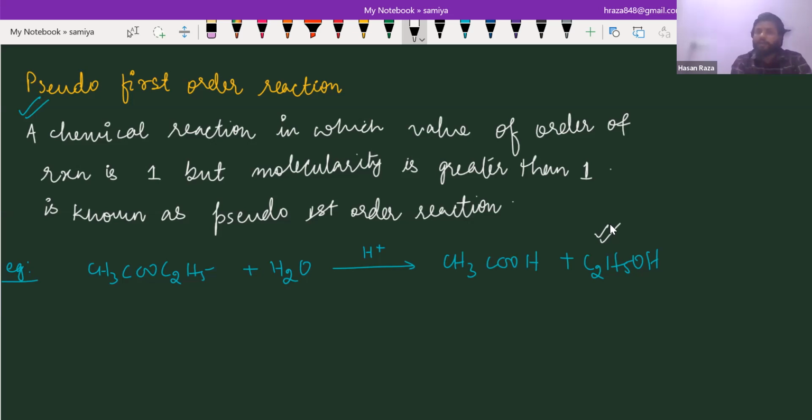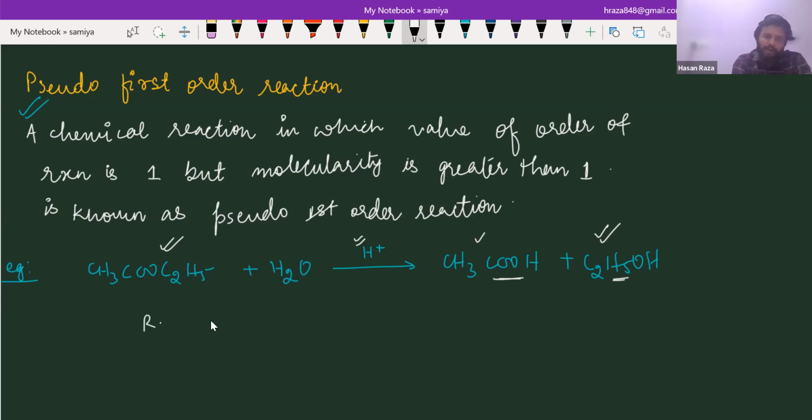That means when you react carboxylic acid, ethanoic acid, with ethanol, you will get an ester. And if you reverse it, the ester is hydrolyzed by reaction with water in the presence of acid, and you get back your reactants, ethanoic acid and ethanol. So this was the organic reaction.